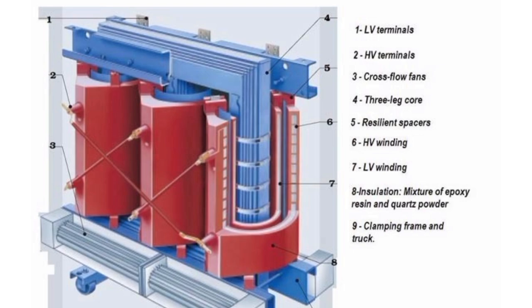Dry-type transformers are also environmentally friendly because there is no possibility of oil spills or leakage. Maintenance requirements are generally lower because there is no need for oil sampling, filtration, or replacement. As a result, operating costs over time may be reduced.